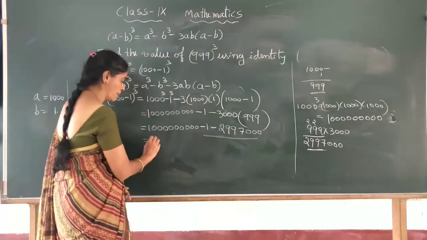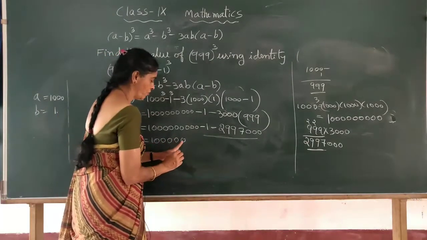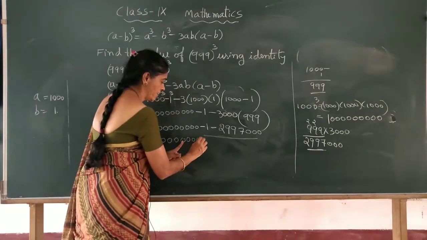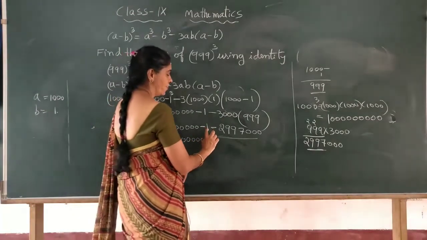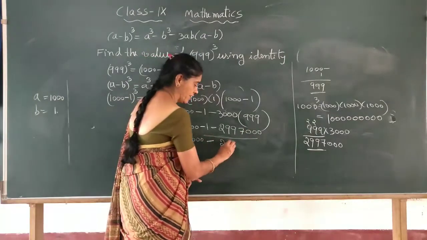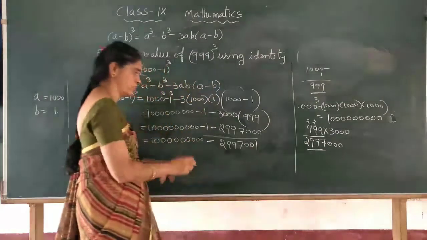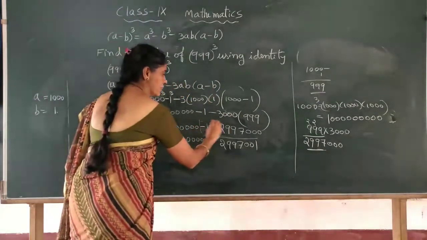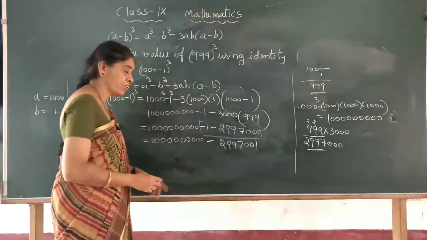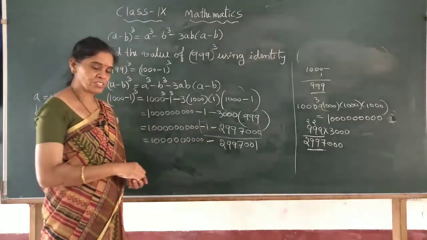So write this number as it is once again. If you add 1 to this, you will get minus sign only. You will get the same number with 1 extra. So group these two numbers together. Now subtract one positive number, one negative number.